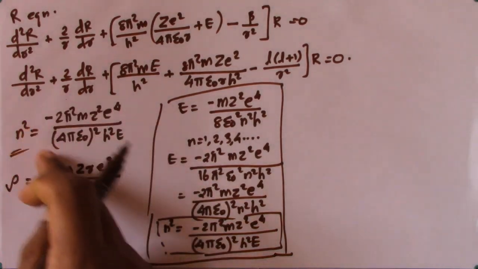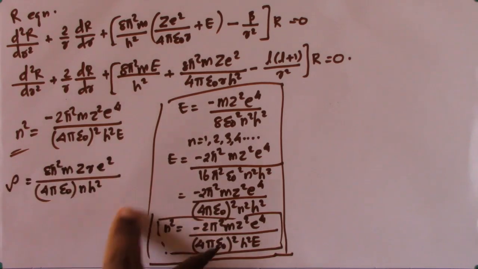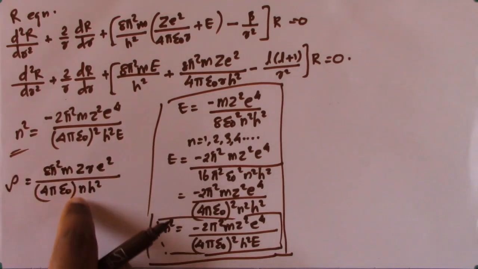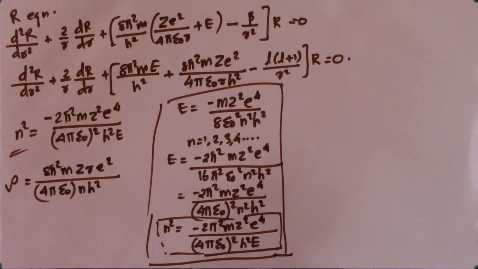Just like I made a substitution for the other set of parameters as n square, I will take this set of parameters together and call this set rho. Again we can simplify this rho based on our understanding from the Bohr model itself. I will say how it is to be simplified.